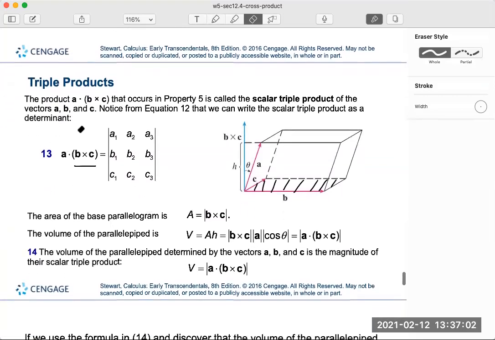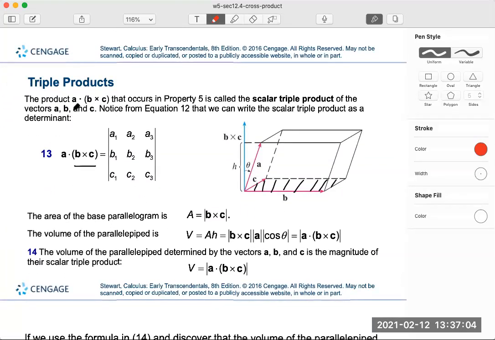Okay, so look at this. B cross C, right? We do the parentheses first and then take the dot product later. Okay. So when B cross C here, the magnitude of that will give us, what is it?